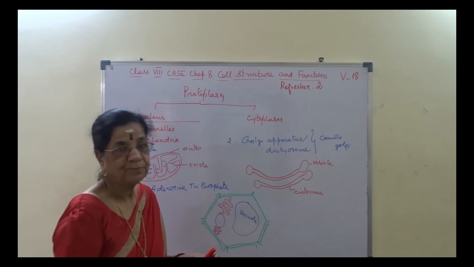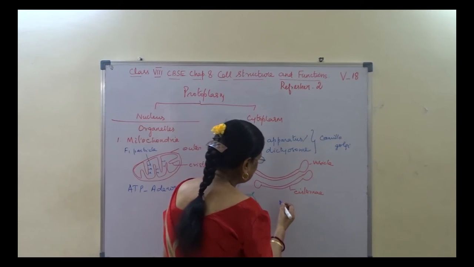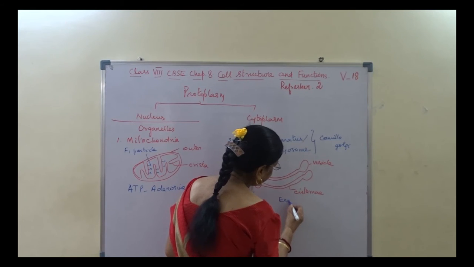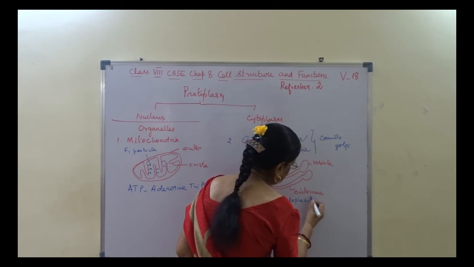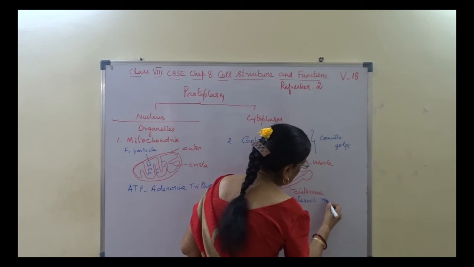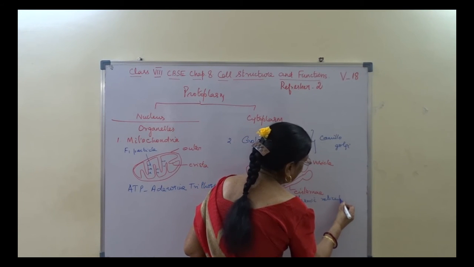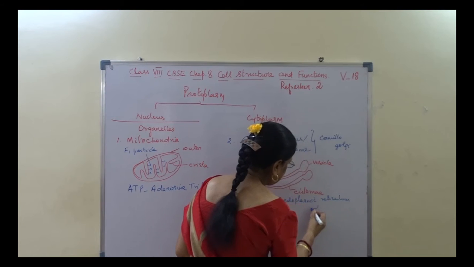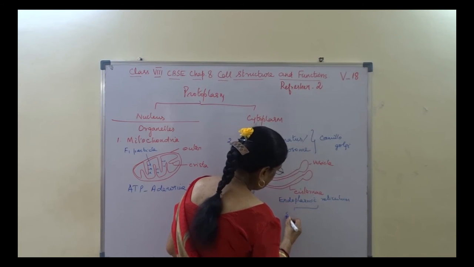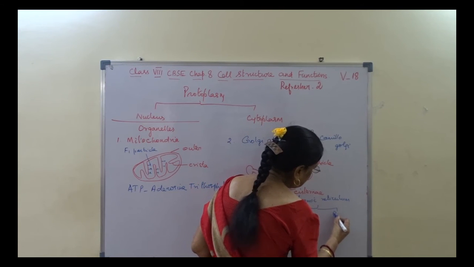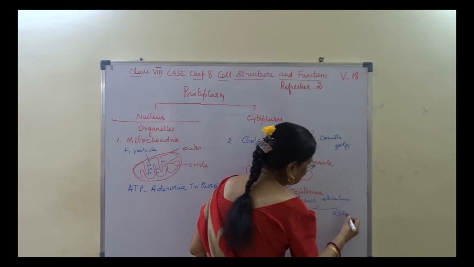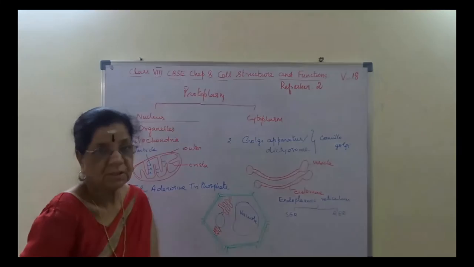This endoplasmic reticulum has dots on the outer layer of the membrane. It is of two types: smooth endoplasmic reticulum and rough endoplasmic reticulum.